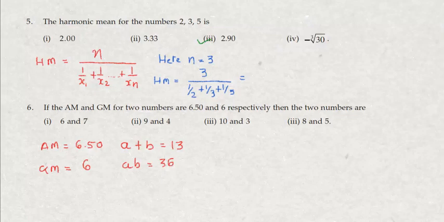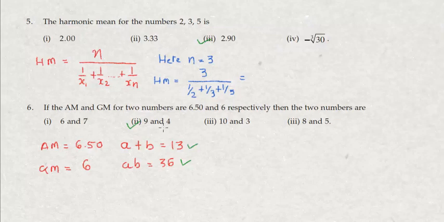Let me check my answer. In this case 9 and 4, I get the total 9 plus 4 is equal to 13, so I can fulfill this, and also 9 into 4 is equal to 36. Both the conditions are satisfied here, so my answer is option 2, which is 9 and 4.